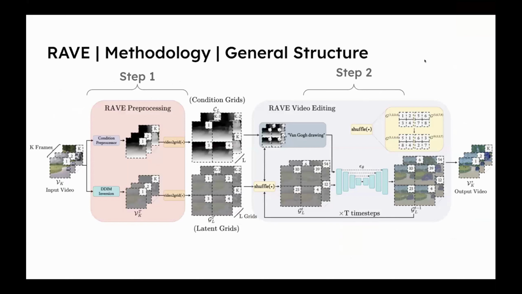Yes. So the Van Gogh drawing is basically your prompt. For example, we want to do editing to change the whole frames to a Van Gogh drawing. So this is basically a condition prompt, and the left one is a condition like depth conditions, for example.